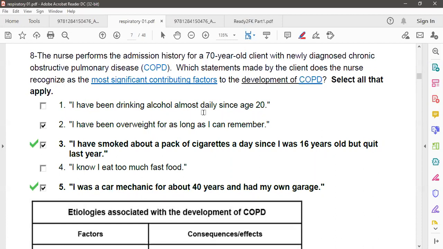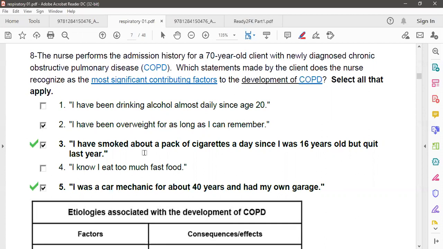It increases the incidence, so cigarette smoking, right? Not alcohol. I have been overweight for as long as I remember. So overweight or obesity is not related with COPD.